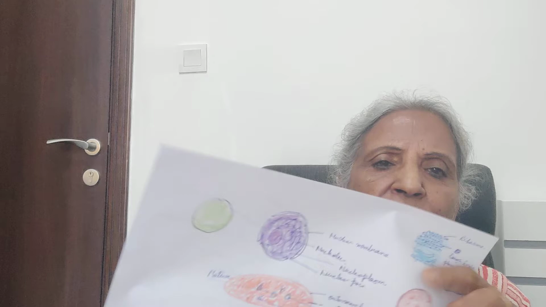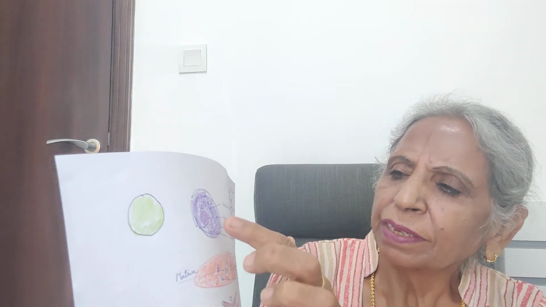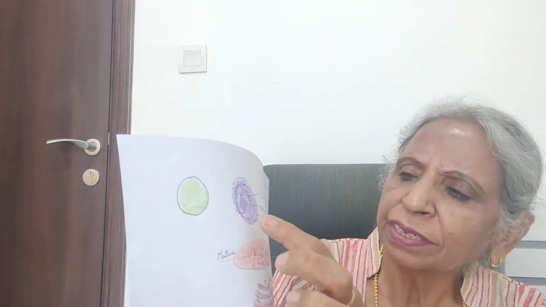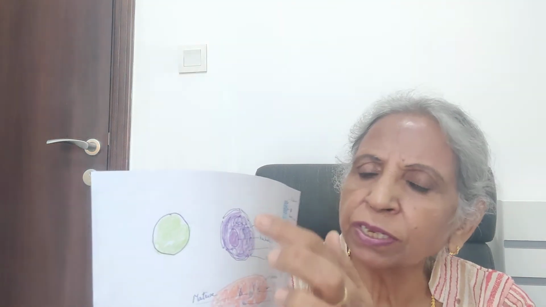You can see this nucleus. This is the nuclear membrane. This one is the nucleolus, and these are the nuclear pores. The nuclear membrane has pores. It is porous, so that substances can pass inside and outside the nucleus.